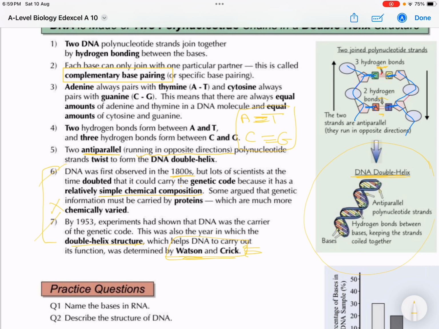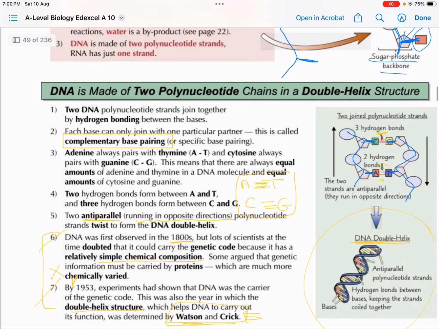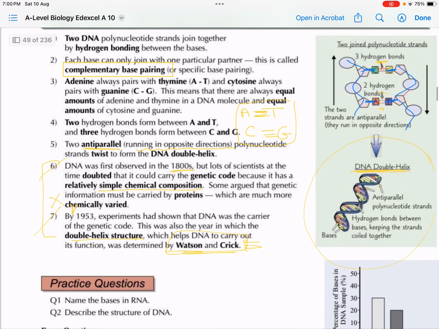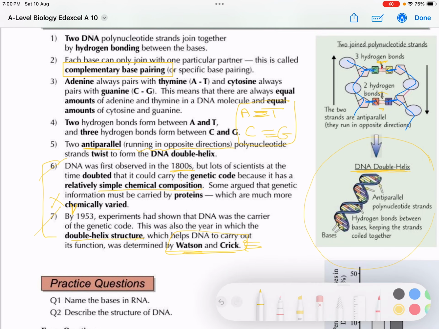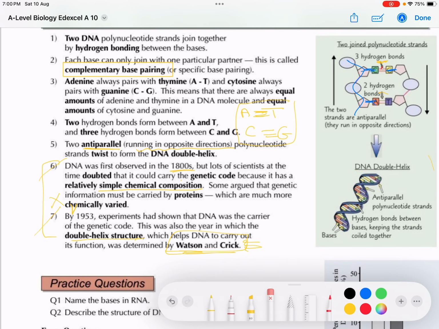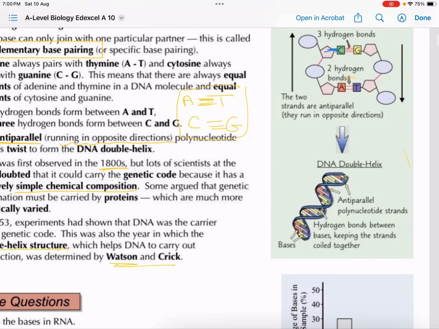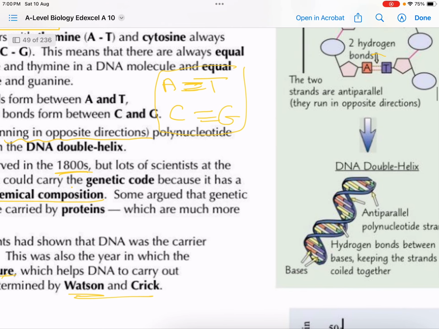Now, I can hear hypothetically some of you asking, where is the genetic code in all of this? Where is the genetic code? So please note, guys, if we look into this, let's enlarge this a little bit.